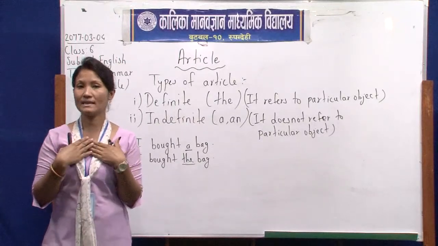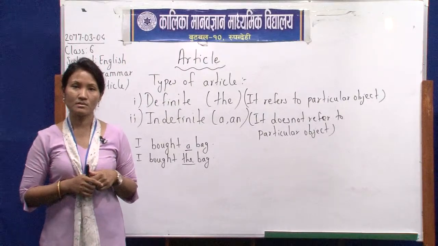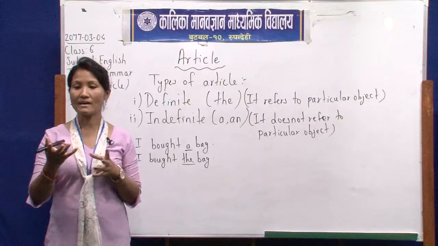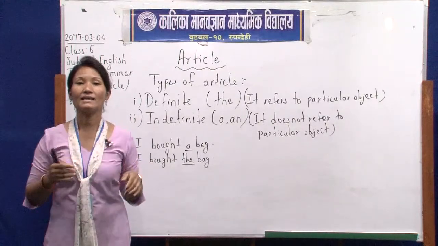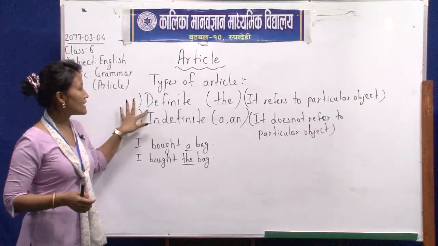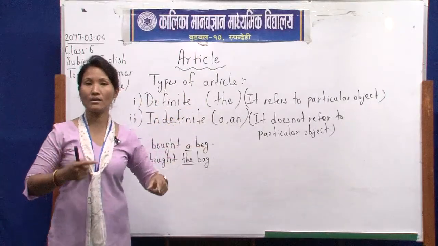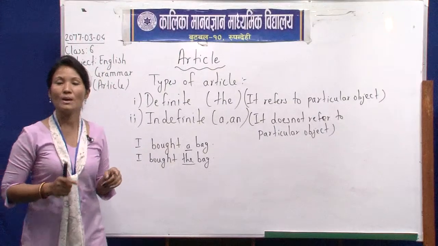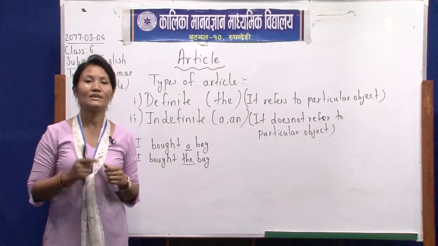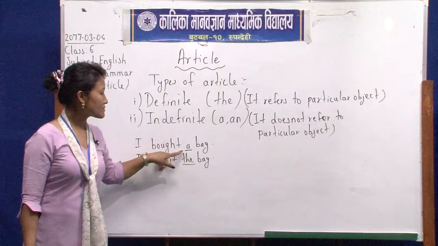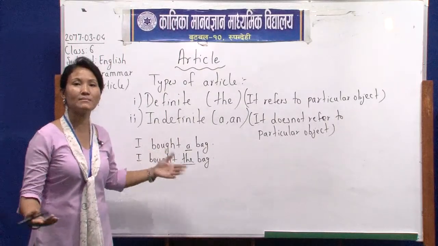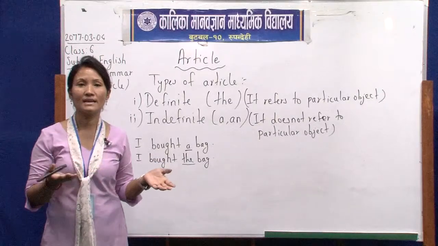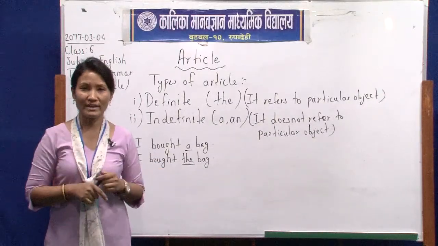And what do I say? I ate the apple. There I won't say that I ate an apple. I'm saying that that particular apple, I ate that. So definite article, it refers to particular object, whereas indefinite article, it does not refer to particular object. In this way, you have to understand. Here a, any bag. Here the, one particular bag about which the listener also knows very well.